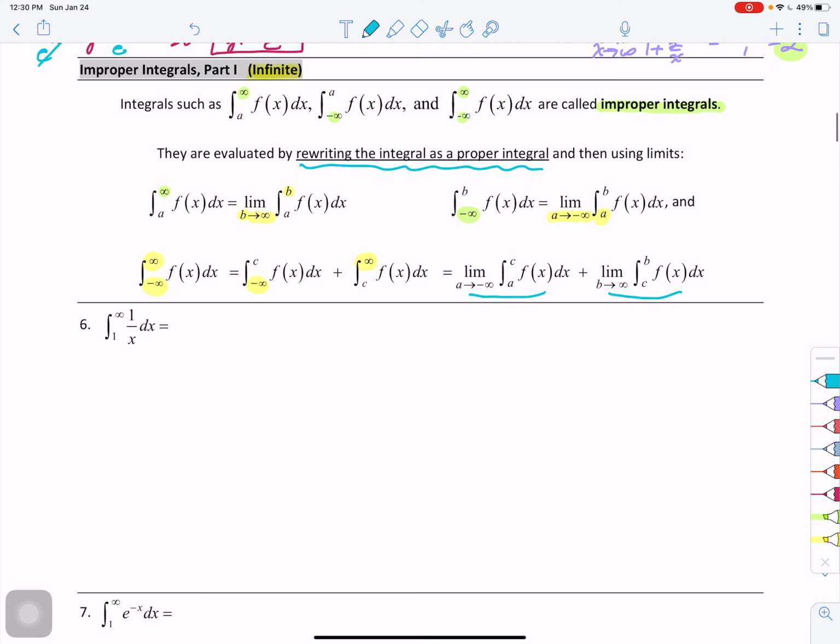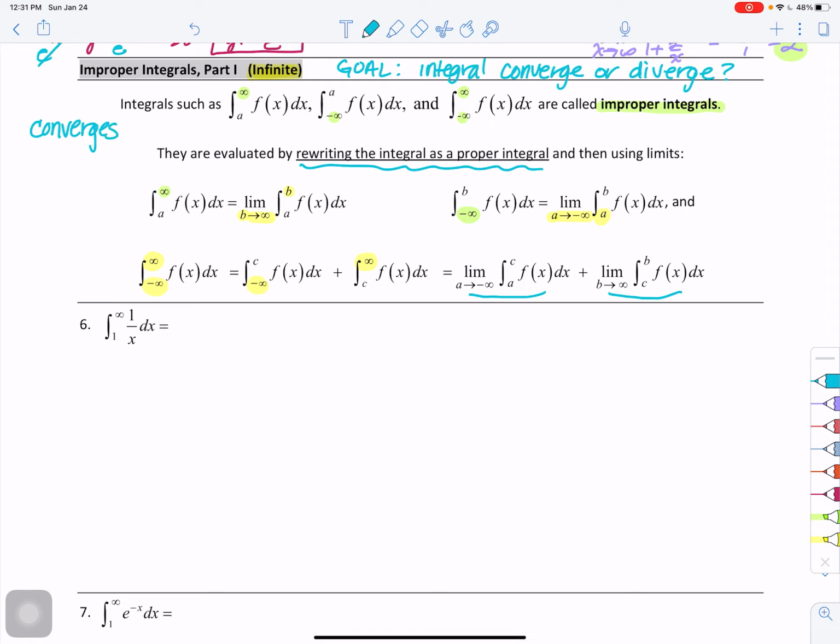Now, I want to mention our goal. Our goal in all of this with our improper integrals, in fact, let me write that right here. Our goal is, does the integral converge or diverge? That's our goal with improper integrals. Now, if an improper integral converges, how will you know it?